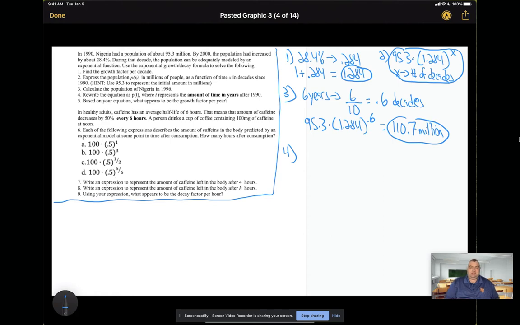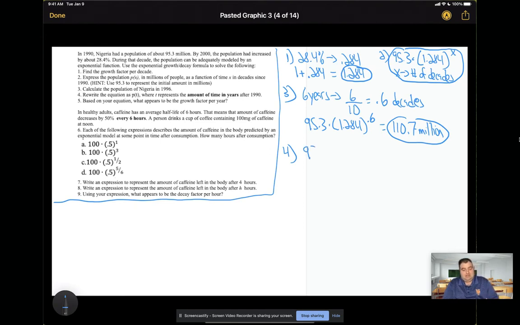So how do I go from years to decades? Well, I figured out in number 3, if I take the number of years and divide it by 10, that will give me the number of decades.